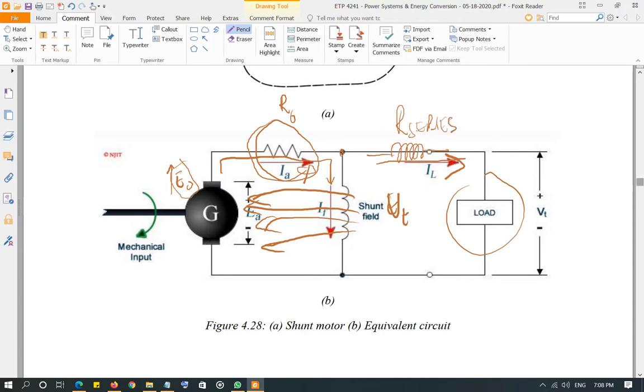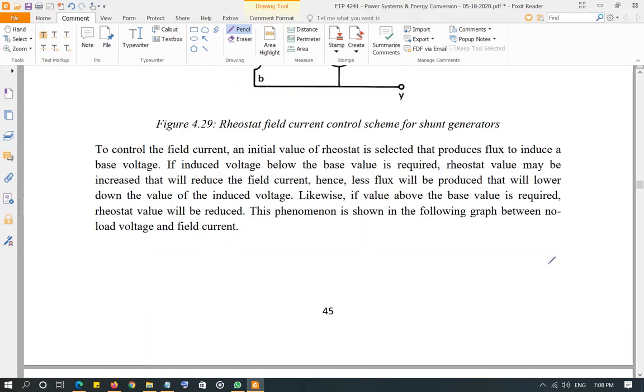So both can provide magnetism. And based on the direction of the fluxes from the series and shunt field, there are two categories of compound generator. One is differential, when both fields cancel each other, and one is cumulative, when the flux of both fields add to each other.